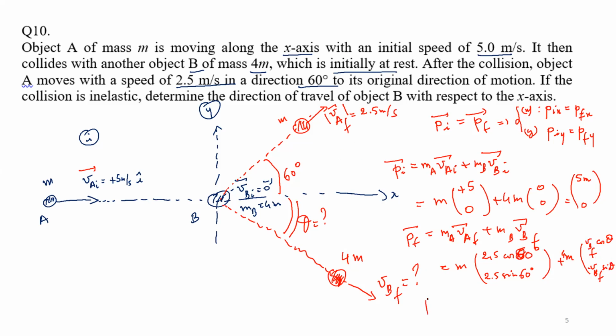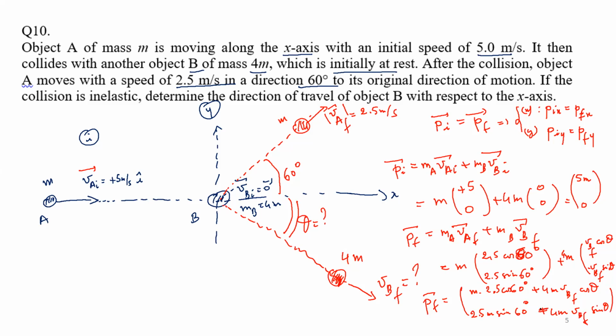So P final, I will have two components. M multiplied by 2.5 multiplied by cosine 60 plus 4M VB final cosine theta. Along Y, I will have 2.5 M sine 60 degree and minus 4M VB final sine theta.